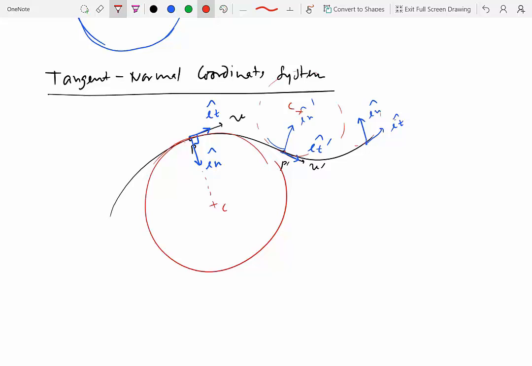Again, at this point, you fit a circle, and e_n hat is pointing towards the center of the circle. So e_t hat is always perpendicular to e_n hat. e_t hat points in the tangent direction, and e_n hat points towards the concave direction, or towards the center of the circle that you can fit at a particular point along that path.